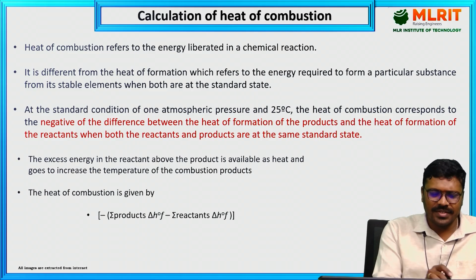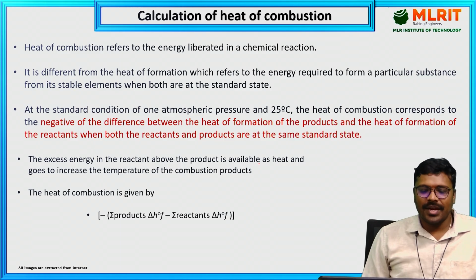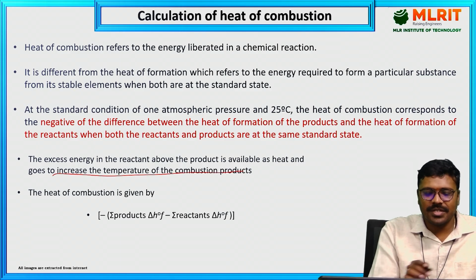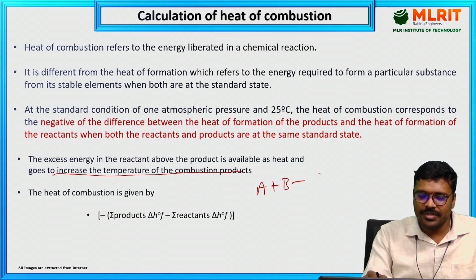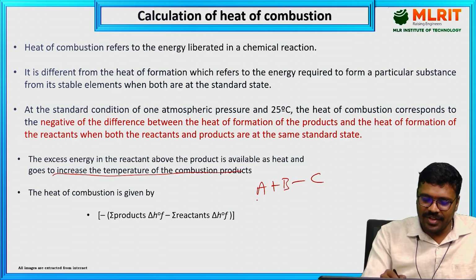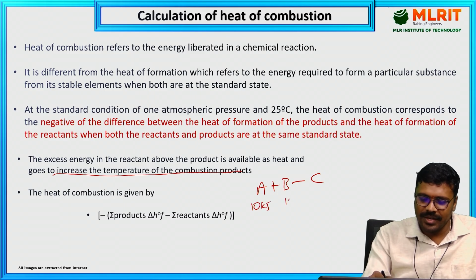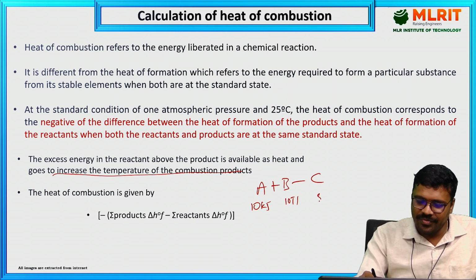Whatever excess energy is in the reactant above the product is available as heat and goes to increase the temperature of the combustion product. Suppose for the reaction A plus B equals C, the heat of formation of A is 10 kilojoules per mole, B is 10 kilojoules per mole, and the heat of formation of C is only 5 kilojoules per mole.